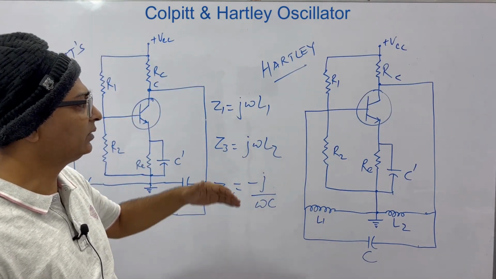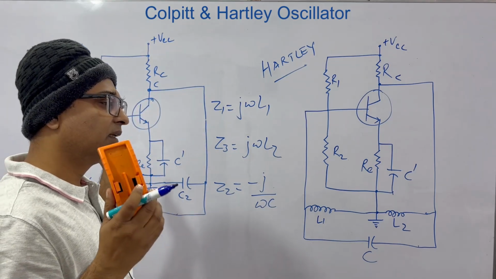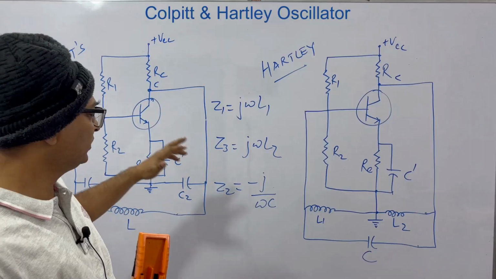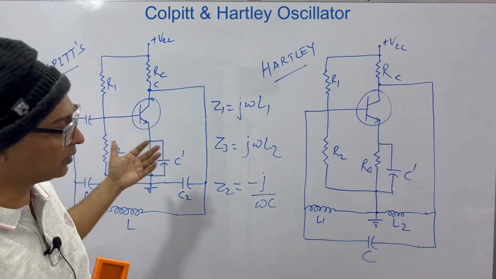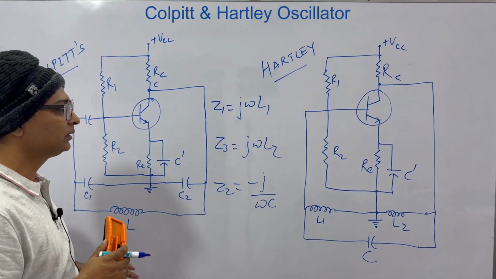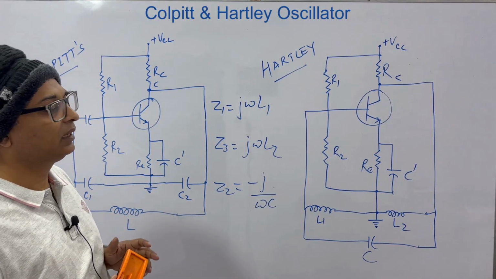Okay. So what we actually do is remember the general form of the oscillator circuit, and as per the question, whether it is Hartley or Colpitts, we put in these values. So this is about the Colpitts and Hartley circuit.